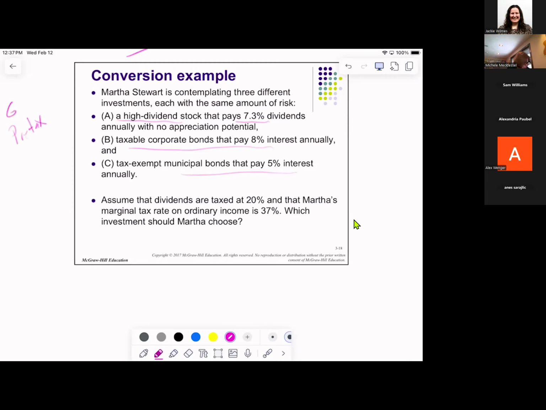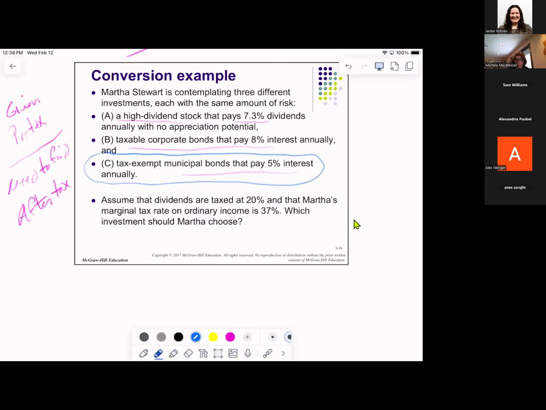So you're always given pre-tax, and we need to find after tax.